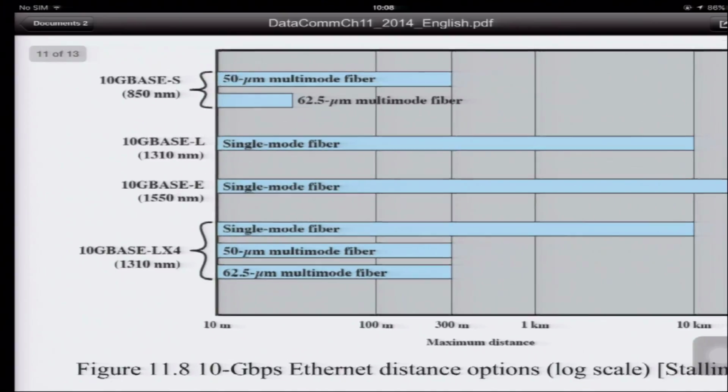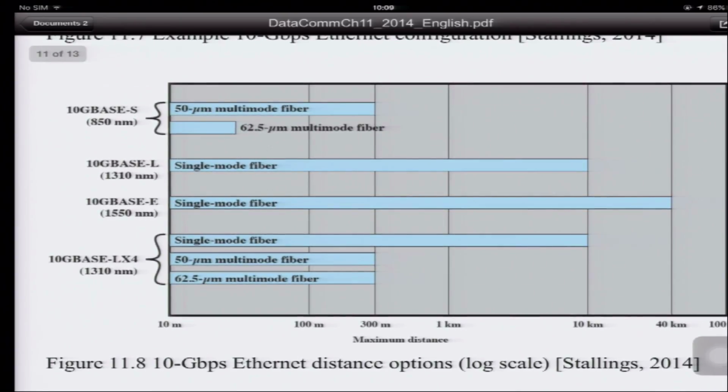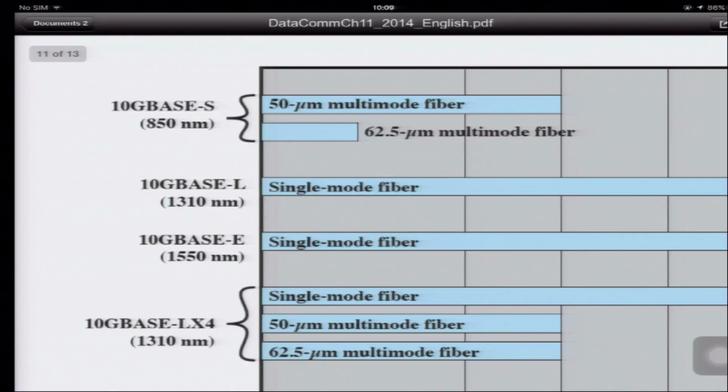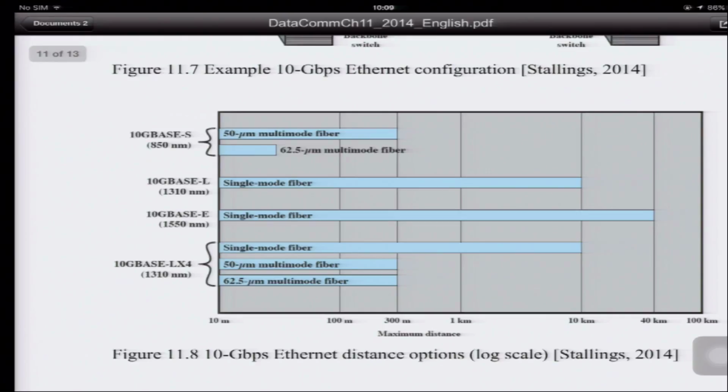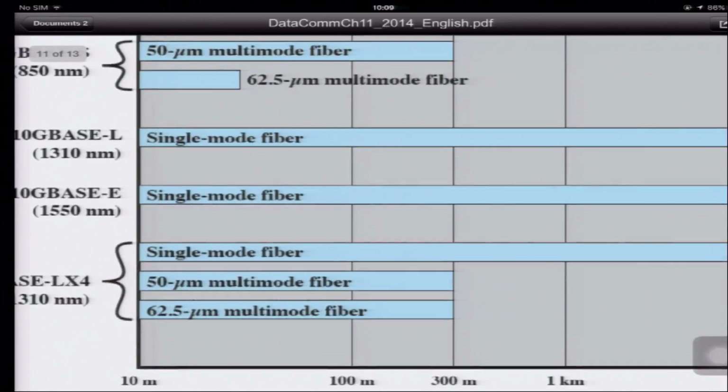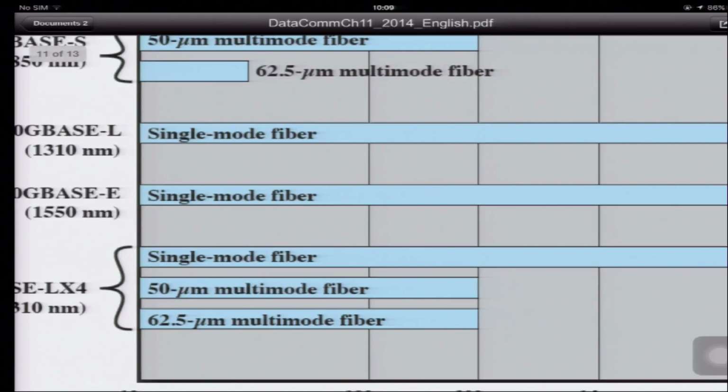For 10 kilometers, you can use single mode fiber 10GBASE-L, which has a wavelength of 1310 nanometers. You can see that for all the long distances, you use single mode fiber. But for the shorter distances, you can use multi-mode fiber, which is cheaper.